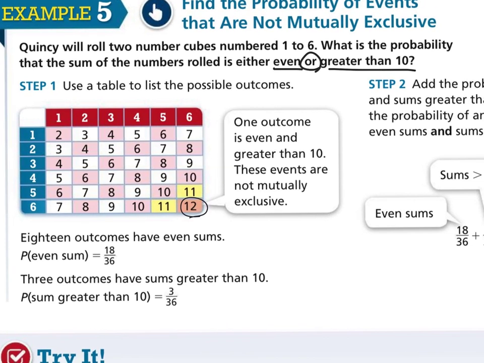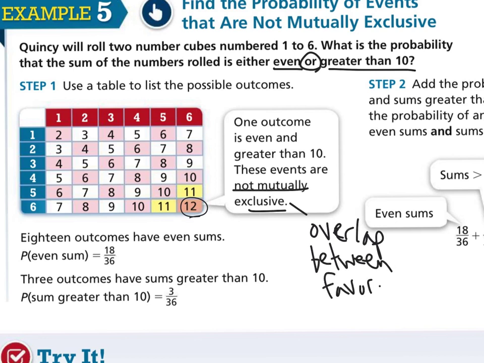So if it's not mutually exclusive, it means there is an overlap between favorable outcomes. And like I said, you just have to remember to make sure you don't count something twice.